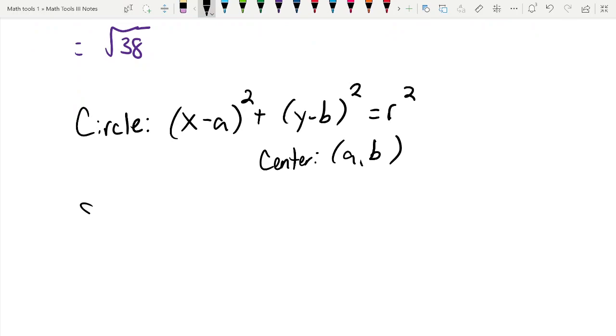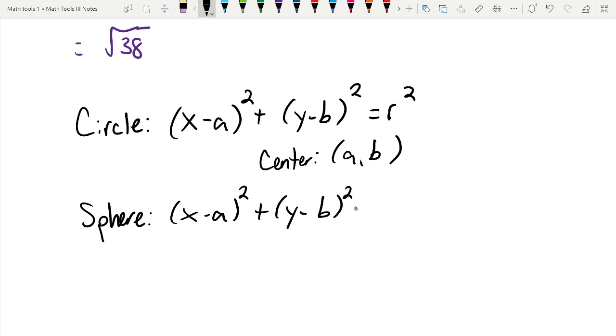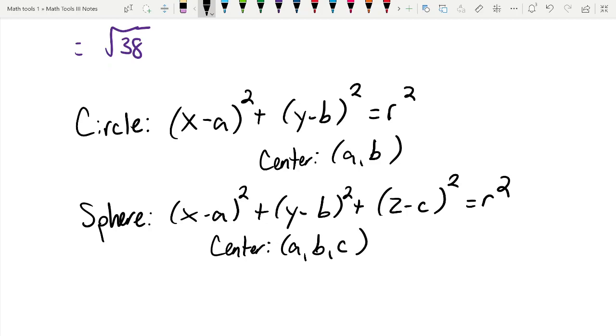So a sphere then extends pretty naturally as well. You get (x minus a) squared plus (y minus b) squared plus (z minus c) squared equals r squared, where the center is then (a, b, c), right? So just to show that, a lot of these things will extend kind of naturally.